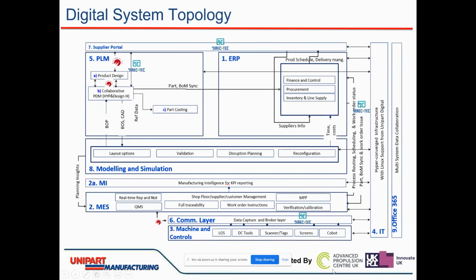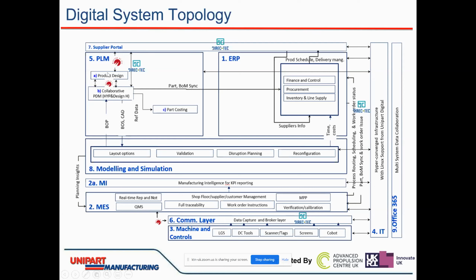For example, in our battery business, which is a joint venture between Unipart Manufacturing and Williams Advanced Engineering, the Williams team do the design. We collaborate on that design in our PDM, product data management, that Hannah was talking about earlier. Whatever they are doing, CAD drawing, BOM, bill of materials, we have a synchronized instance between us, working on a single source of truth.